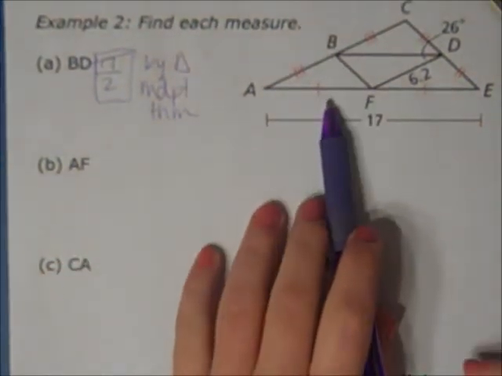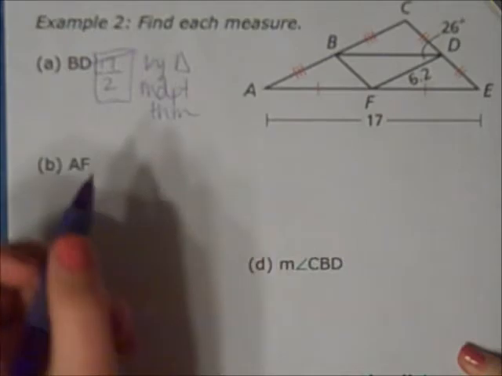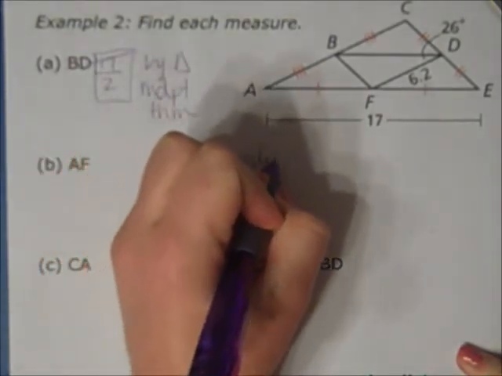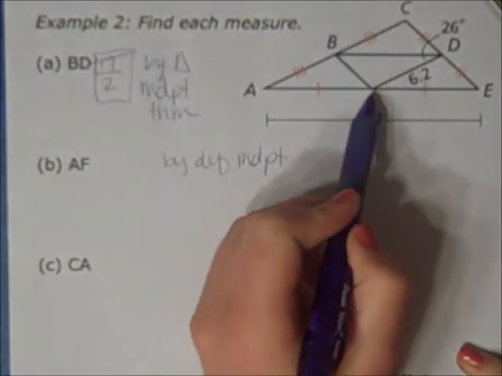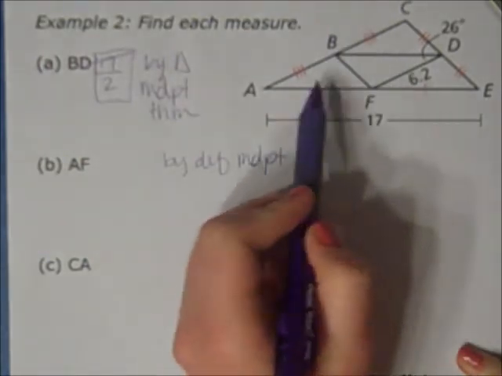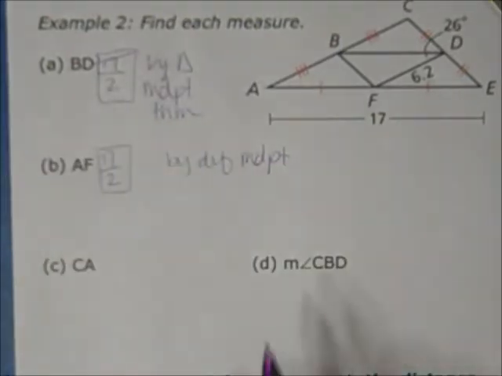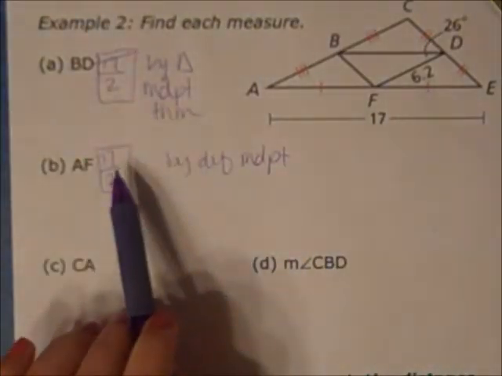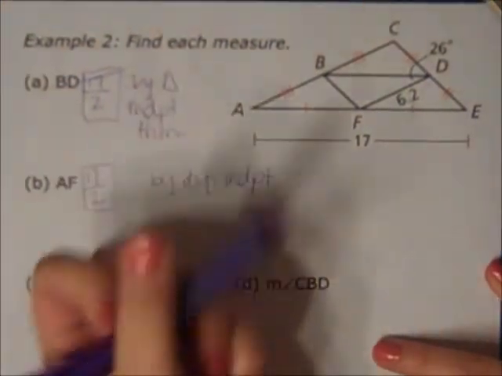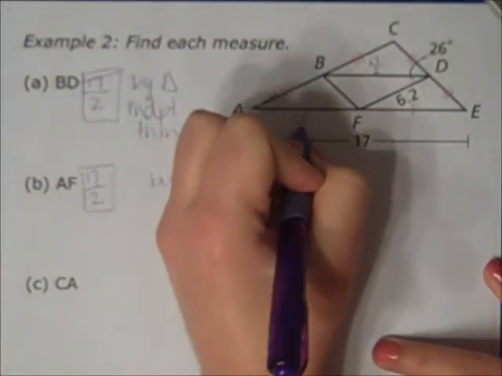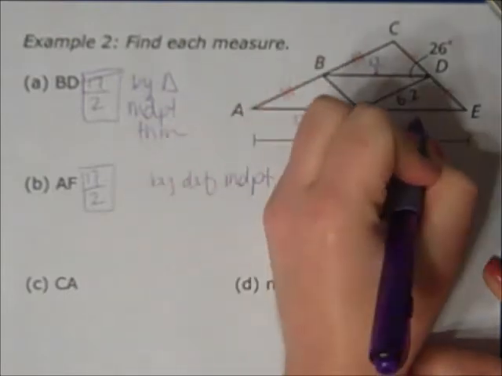Okay, then the second one, B, says to find AF. Now AF doesn't have anything to do with a mid-segment. I can do this by the definition of the midpoint. I could have done this back in chapter 1. If F is the midpoint of AE, then each of the pieces is half the distance, which shows us something that we haven't talked about with a mid-segment. It's half the distance of the other side, but so are the pieces from the midpoint to each vertex.